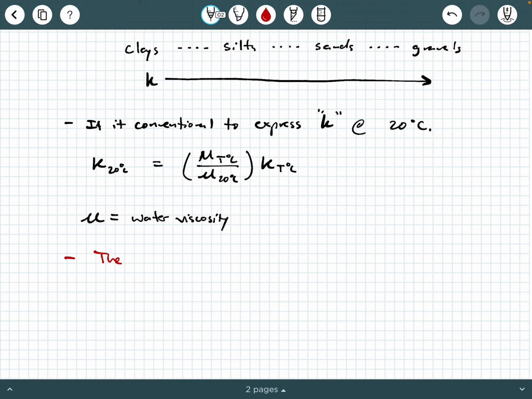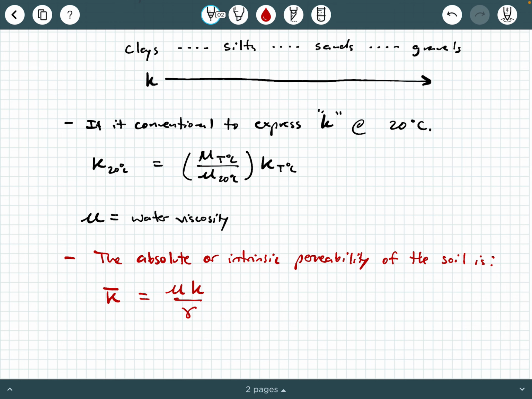The absolute or intrinsic permeability of the soil is sometimes expressed as capital K, and you can put a bar or a prime over it, and that's going to be viscosity times the little k value over the unit weight of water.